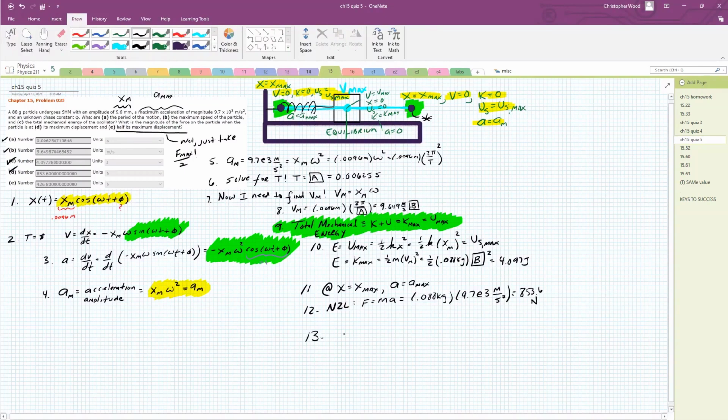Number 13, at max displacement at X equals XM over 2. So this is my way of saying when this oscillator is at half of its maximum displacement, I know the acceleration.